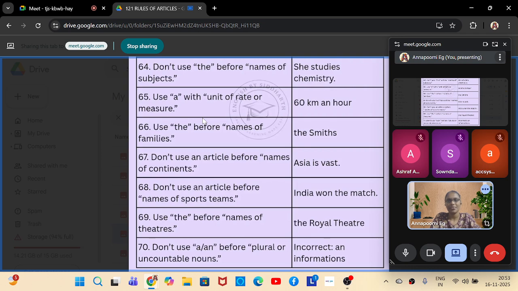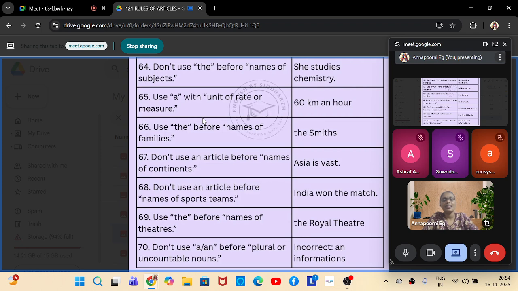Examples. Okay. Next is don't use an article before names of sports teams. Sports teams like India, Pakistan, Australia, their cricket teams, or any sport like cricket, football, hockey. With sports teams you should not use any article. You can read the example. India won the match.